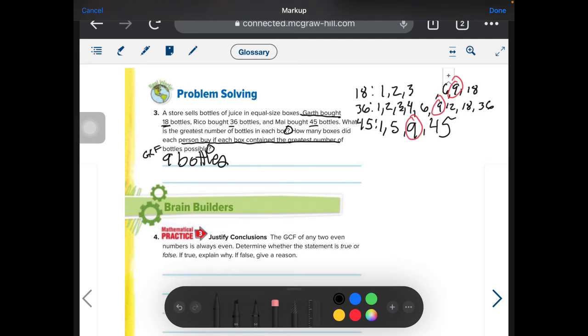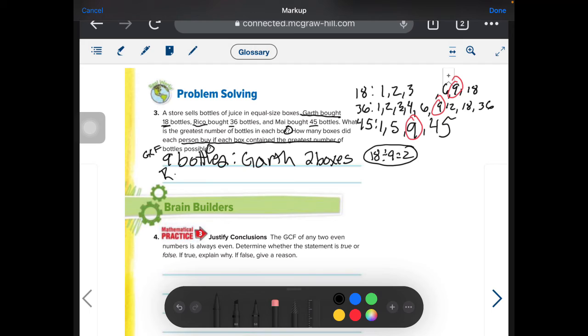Garth bought 18. So we take Garth, and if there's 9 bottles in his box, and he has 18, he had 2 boxes. We can do that by doing 18 divided by 9 equals 2. Okay.